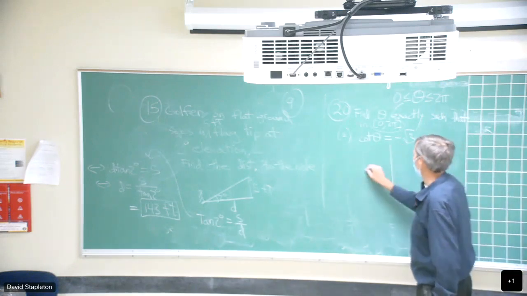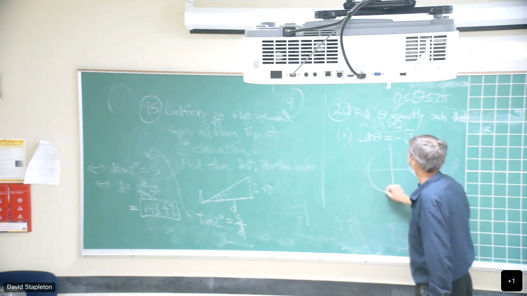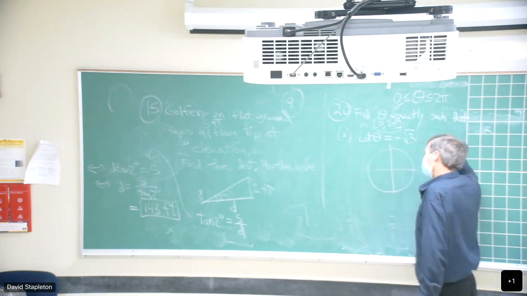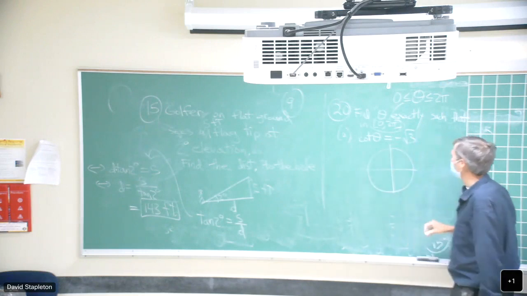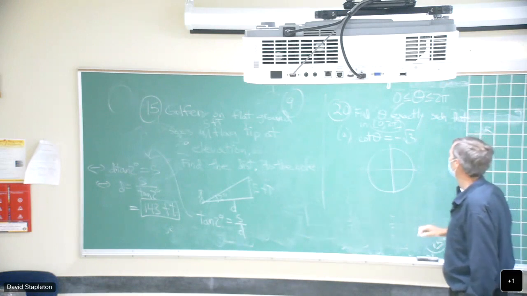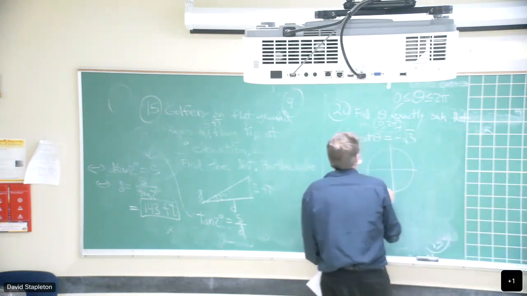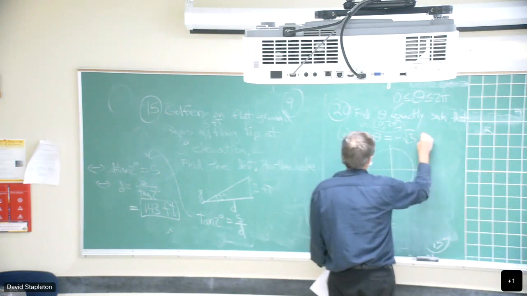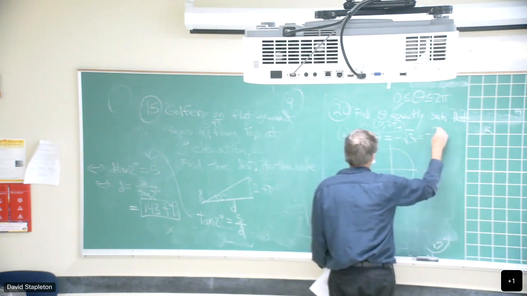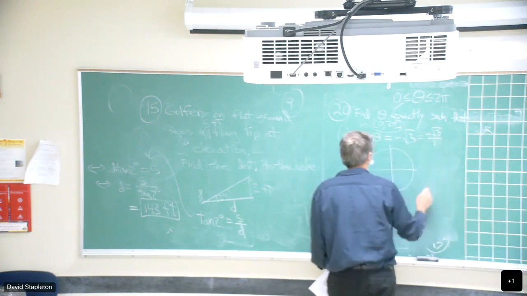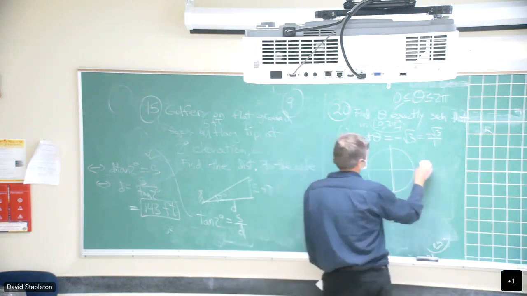These you solve on the unit circle and you say cotangent theta, yeah, this is the way I like to do it. I like to write it as minus square root 3 over 1. And then I'll take the square root of the sum of squares of those numbers.